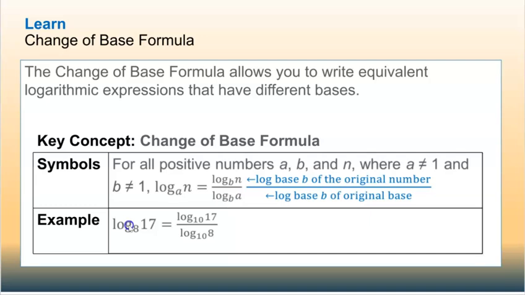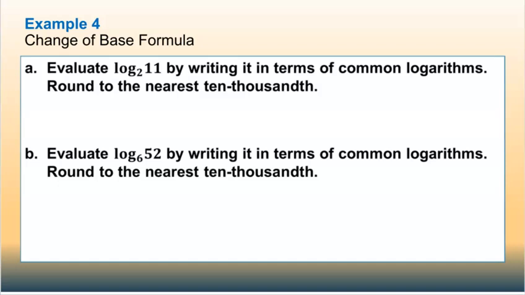So how does that look with numbers? If I'm trying to solve log base 8 of 17, I would just do log of 17 divided by log of 8. So the log of the argument divided by the log of the original base. So an example. Here we want to evaluate this with common logarithms.